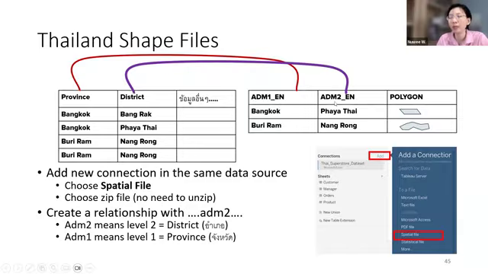Again, ADM2 means อำเภอ, so it will join or create a relationship with the district column in the orders table. That is, join at the right level: province with province, district with district.